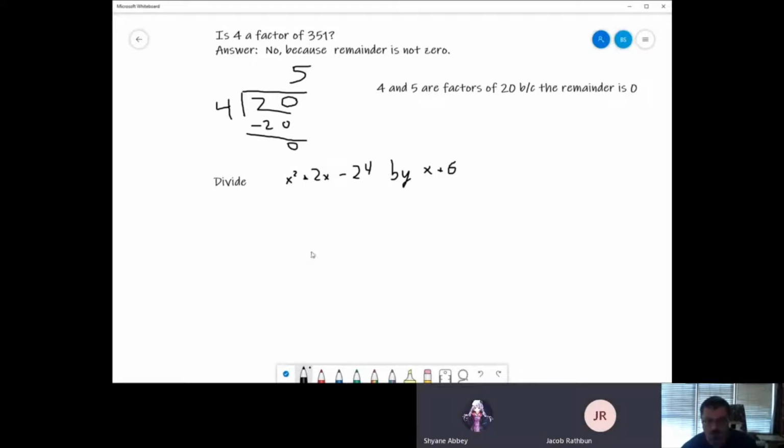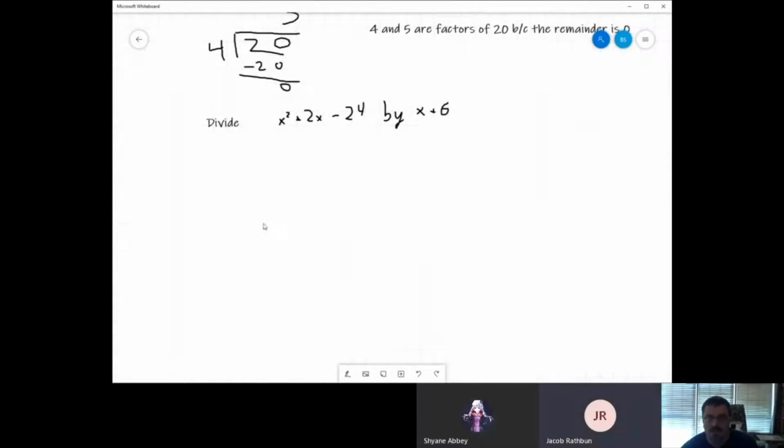X squared plus 2x minus 24. Whatever comes first goes in the box. And whatever I divide by is out here, x plus 6.